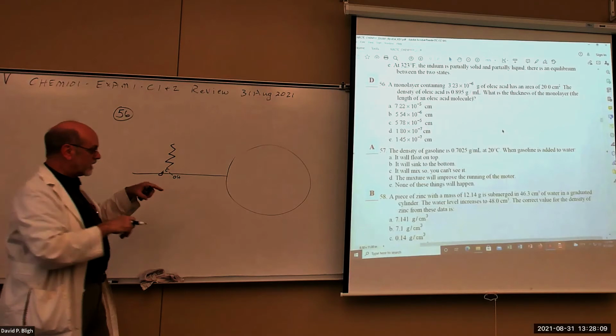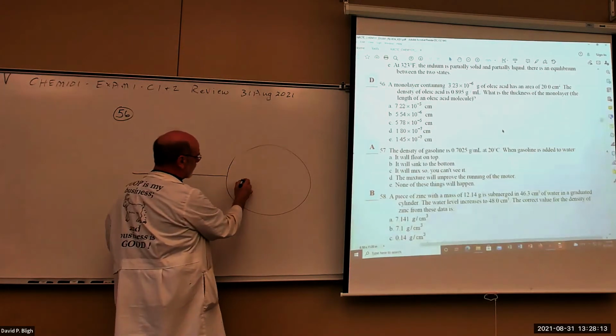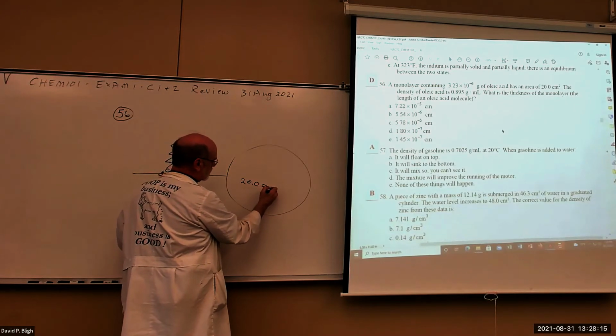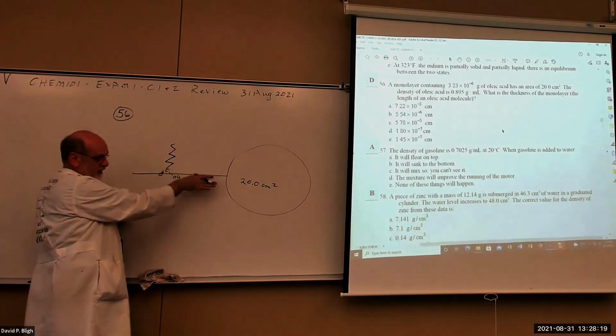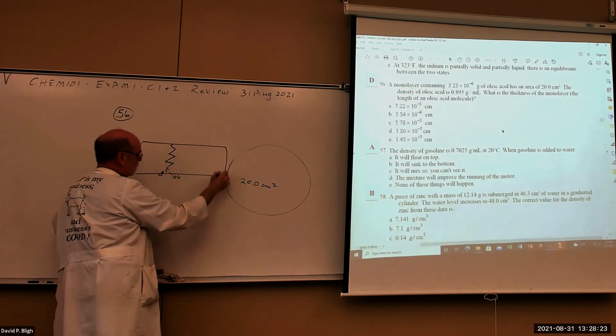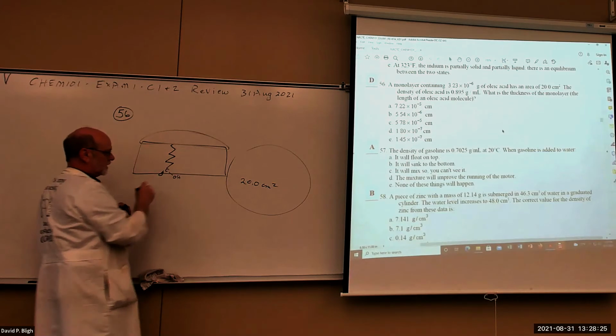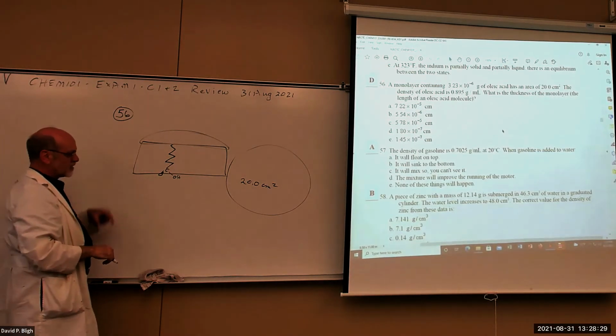Okay. So say it spreads out all the way to this perimeter. The area of this is 20.0 square centimeters. All right, what if you turn that thing up like this? What do you got? You got a cylinder. So what's the volume of that cylinder?